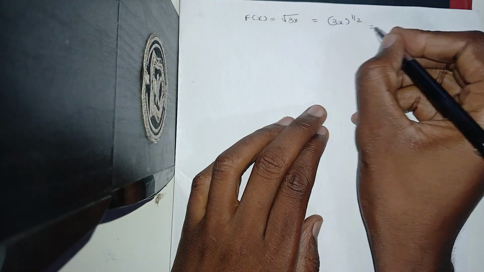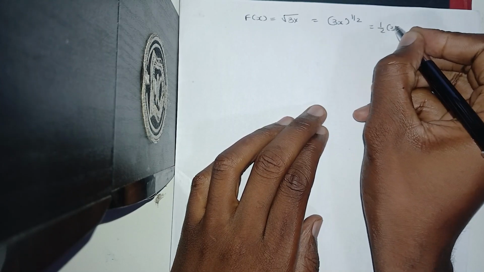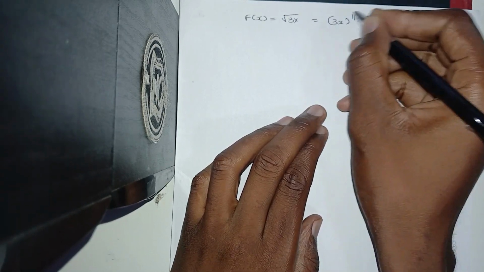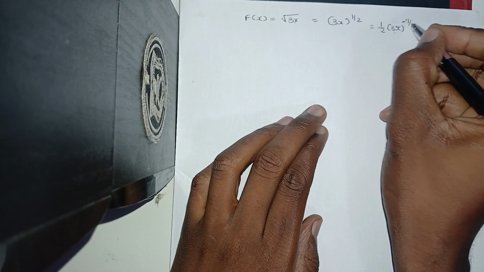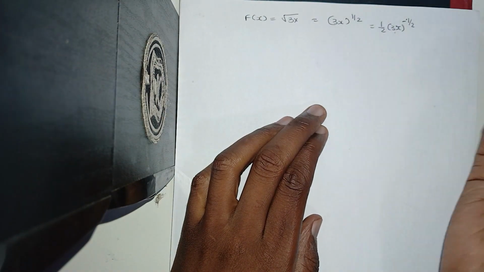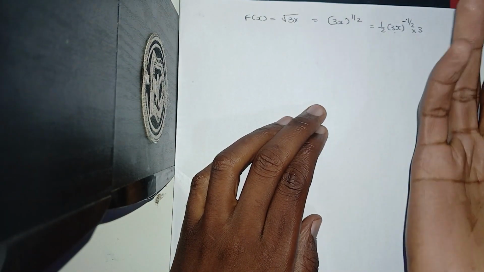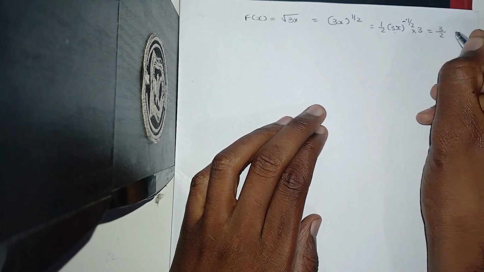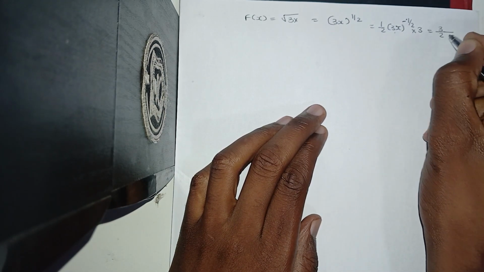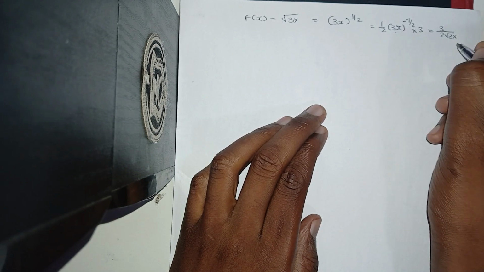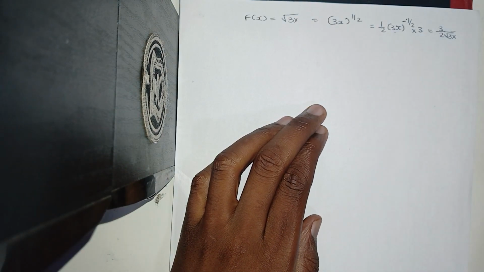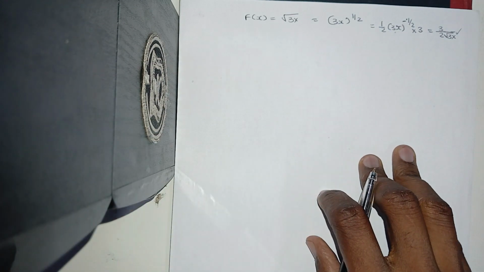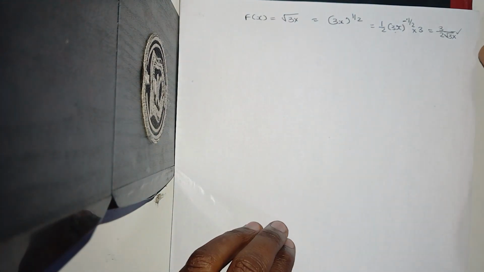You take the power up front, then you derive this. 1 over 2 minus 1 is negative 1 over 2. Then you multiply by 3, and you are done: 3 over 2 root of 3x. That's the shortcut.